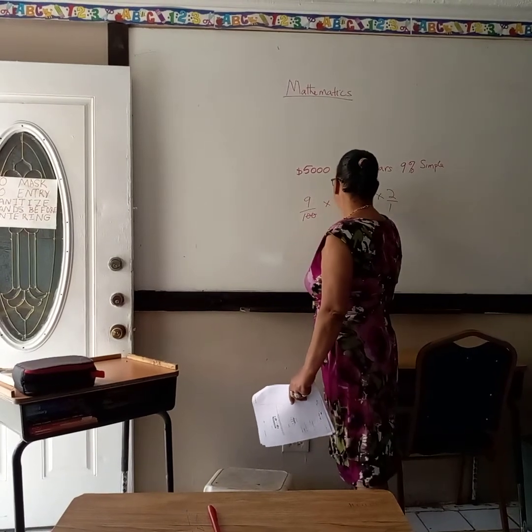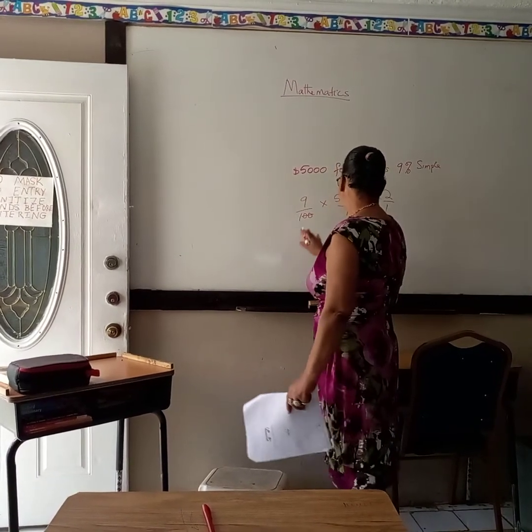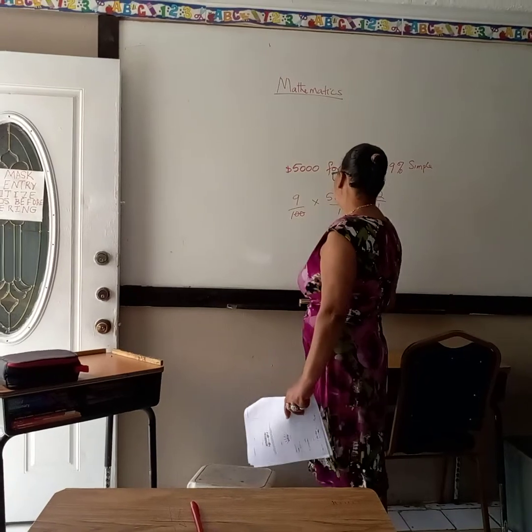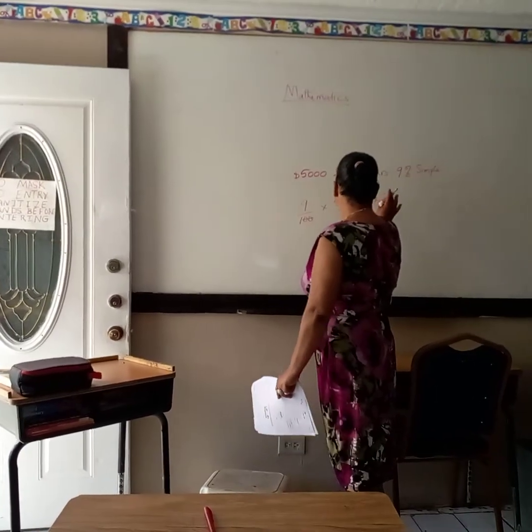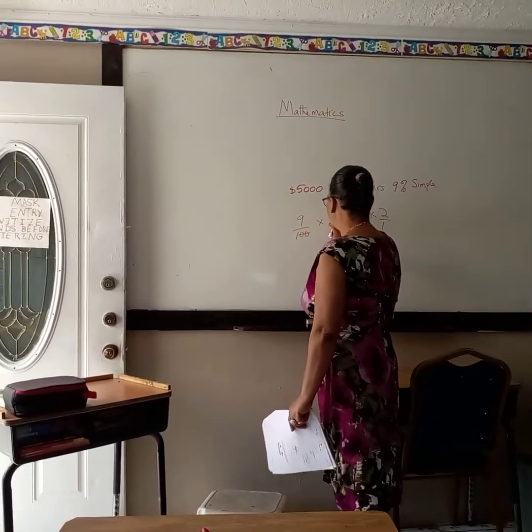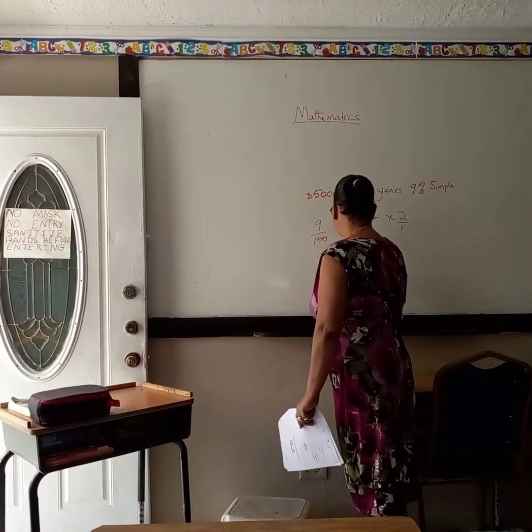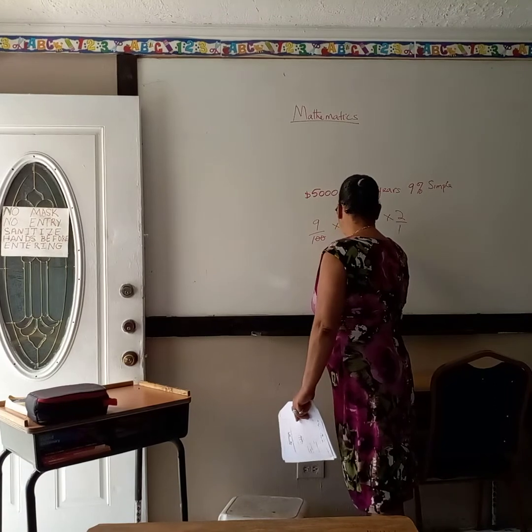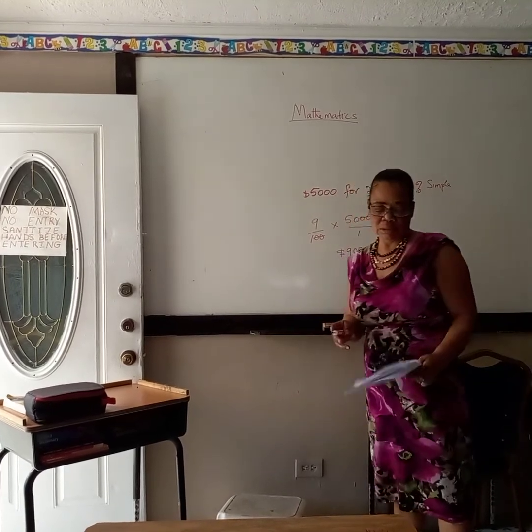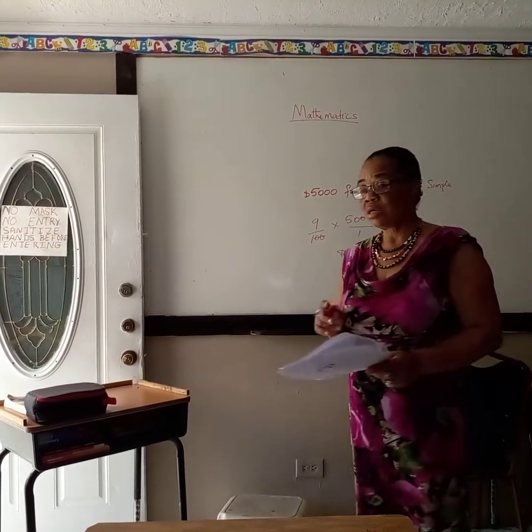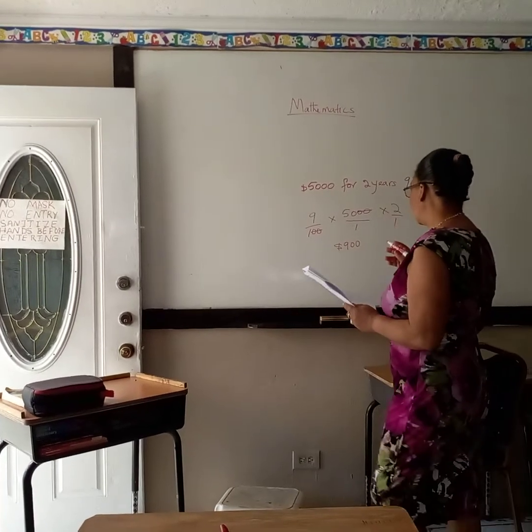These 2 zeros will eat up these 2 zeros, and so nothing is left at the bottom. So I do 2 times 50, which gives me 100. 100 times 9 gives me 900. So the interest would be $900 for the 2 years on this $5,000.